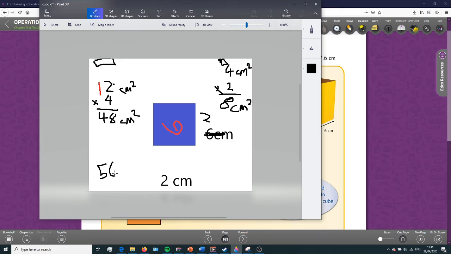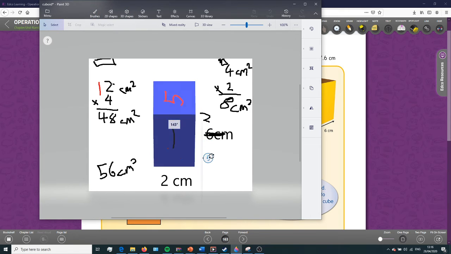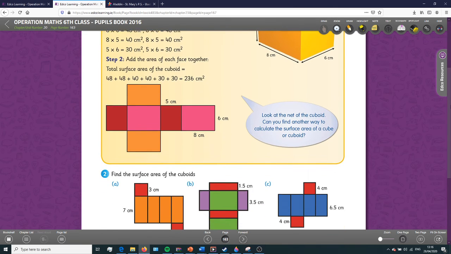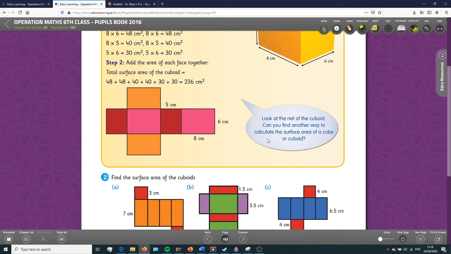So 56 what? Centimeters squared. So the total surface area of this cuboid is 56 centimeters squared. Key thing here, boys and girls, separate it into its shapes. And I think sometimes imagining it as a net can be really useful for this.